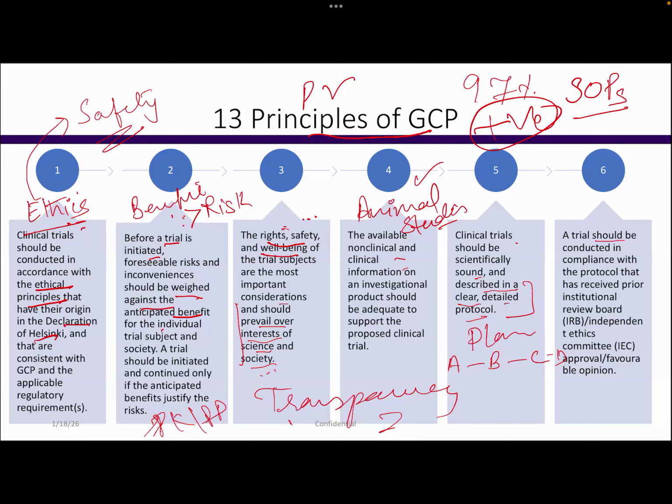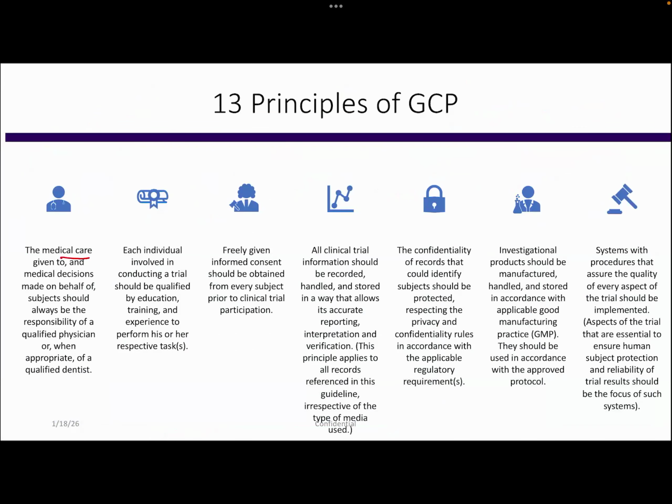The trial should be conducted as per protocol, which is reviewed and approved by the ethics committee. So the ethics committee completely looks into the ethical part of the study, the patient. The medical care and medical decisions should be the responsibility of a physician.